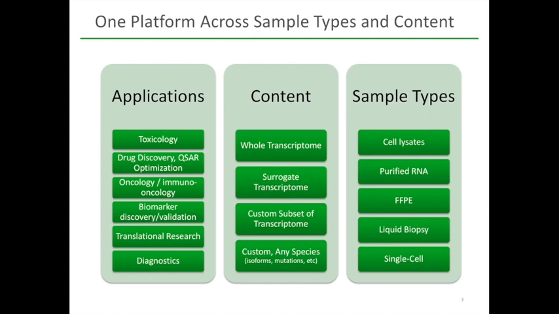The content can span across any number of genes, from whole transcriptomes to defined subsets of the transcriptome, in fact, customizable for your particular experiments, whether it be a subset of the transcriptome or any species or any variant or any gene isoform you'd like to look at.